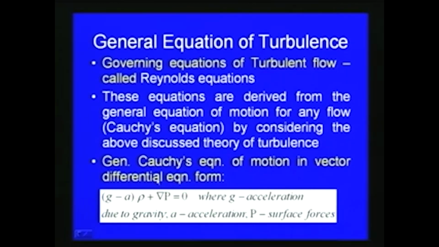You can see this general Cauchy's equation in standard literature, and we will discuss it further when we discuss the Navier-Stokes equation. So, due to gravity and other accelerations, multiplied by rho, plus the variation of surface force, del P, is equal to 0. This is the general Cauchy's equation.